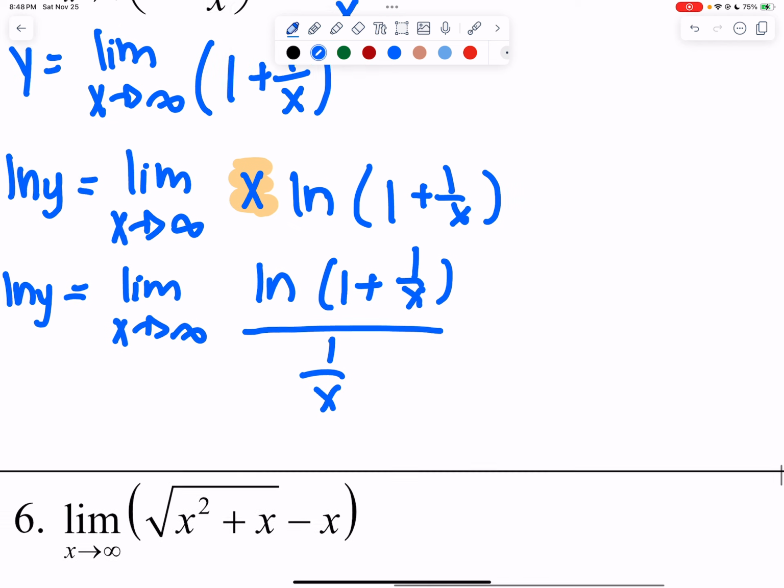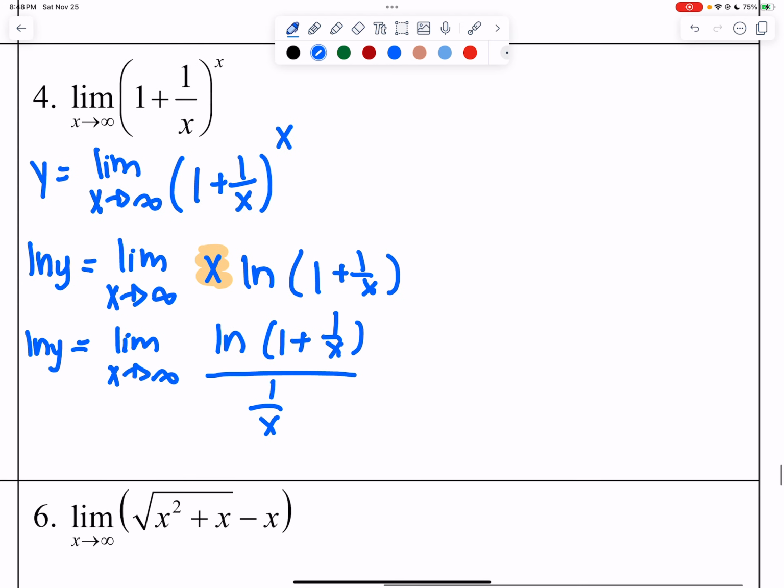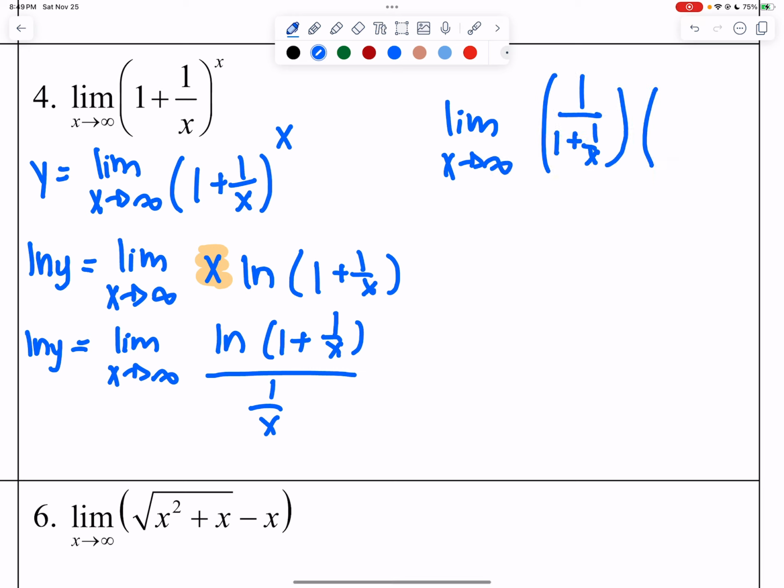All right, once we do that, we are going to take the derivative of the right side, because we're going to use L'Hopital's here. That is going to give us 1 over 1 plus 1 over x, and then times negative 1 over x squared.